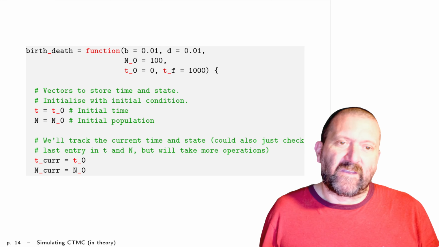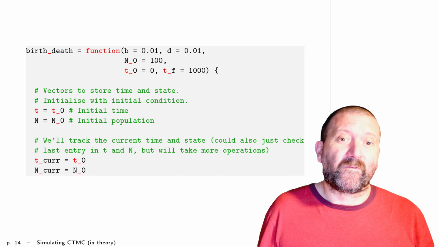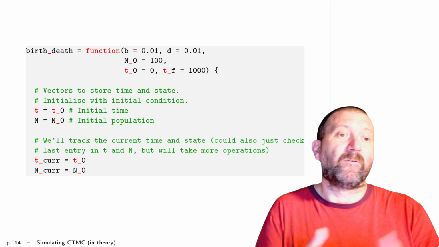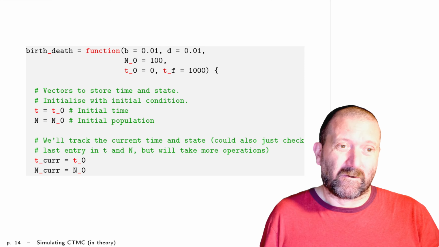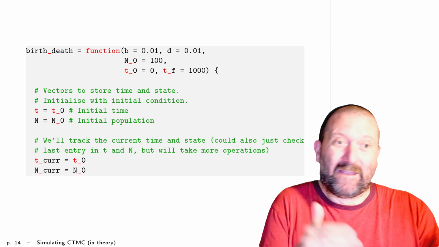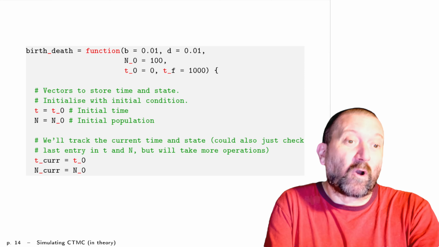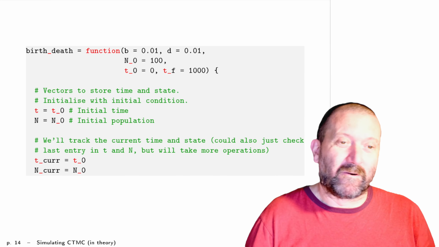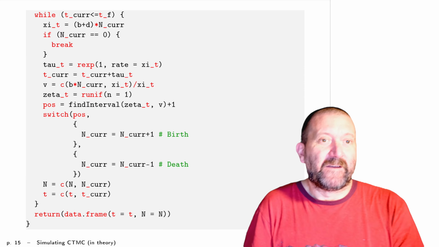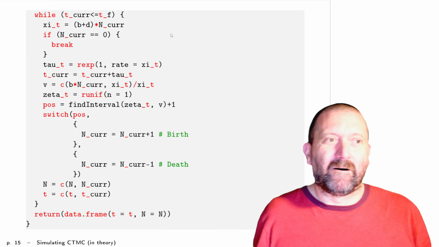Just to make my life easy, I'm also going to track the current value of n and t. I could look up the last value in the vector, but in this case, why not do it like this? Then this is Gillespie implemented in R.